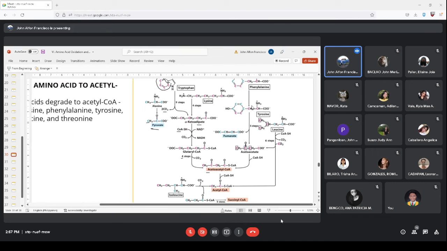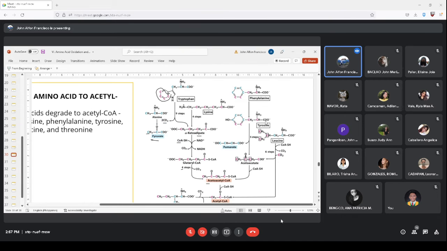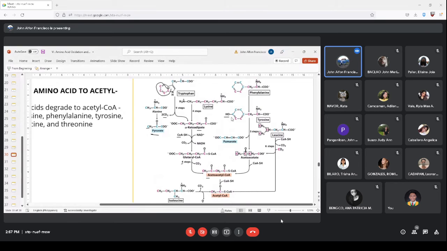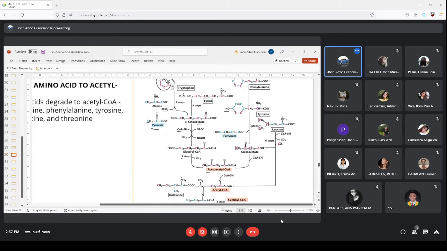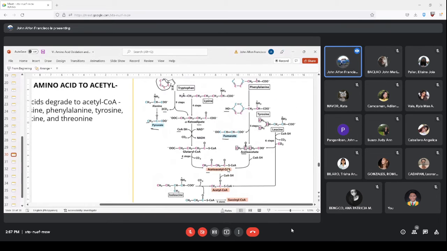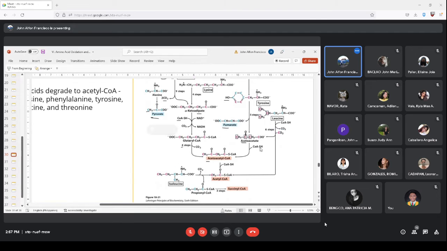So it can be converted first to tyrosine. OH lang naman yung difference ni phenylalanine at ni tyrosine. And si tyrosine can be converted to fumarate, which will enter your citric acid cycle, and acetoacetate. And upon addition of your CoA, now you have your acetoacetyl-CoA, then nag-form ng acetyl-CoA. Okay?